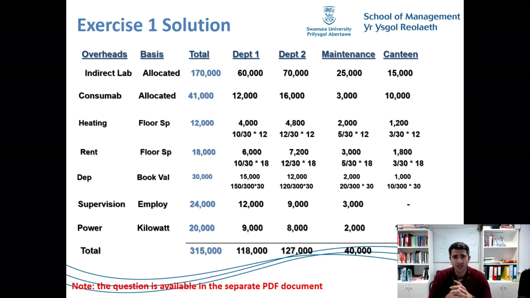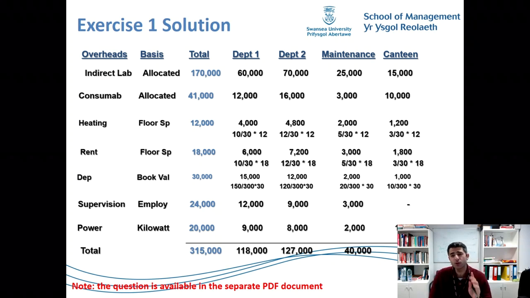Remember this. Department 2, the second production department, is £127,000. Total maintenance so far £40,000, and the canteen is £30,000. And this is step 2A. I hope you have no questions. Straightforward math skills. You should be able to do it.